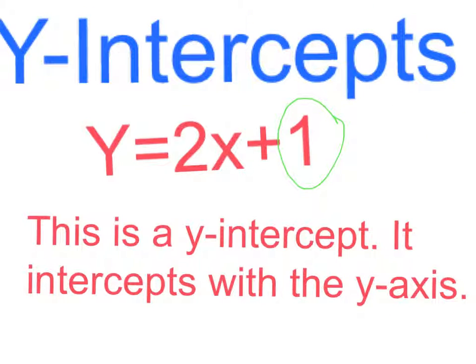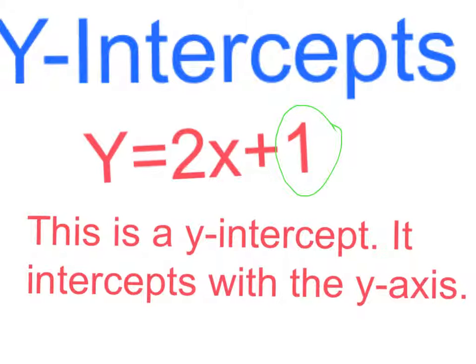So this is a y-intercept, and what happens is it intercepts with the y-axis. So you know how you have a graph where this is the y, this is the x. You have the dependent down here. You have the, well, not independent, but could be independent numbers. Then, when you have it, this is saying plus 1.